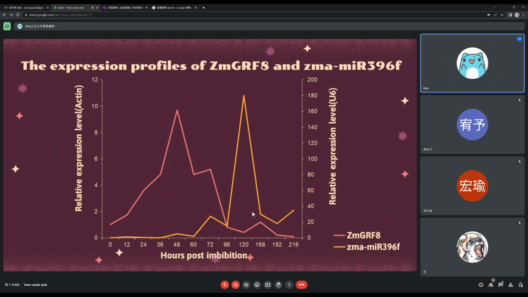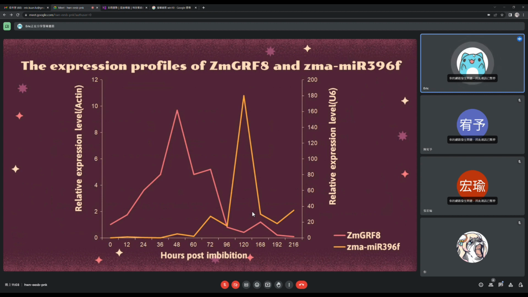This graph shows that at 48 hours post-imbibition, signals of ZmGRF8 are detected in shoot apical meristems and serially developing leaves, but no signals of ZMA-MIR396F are visible.